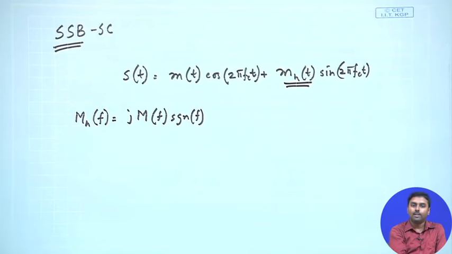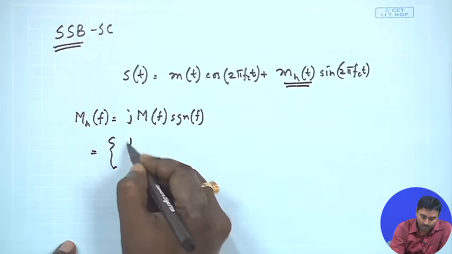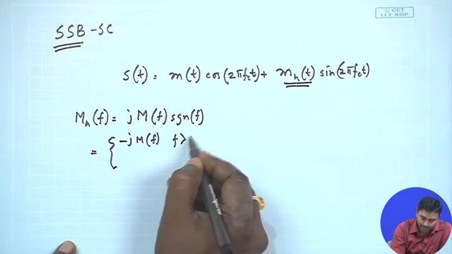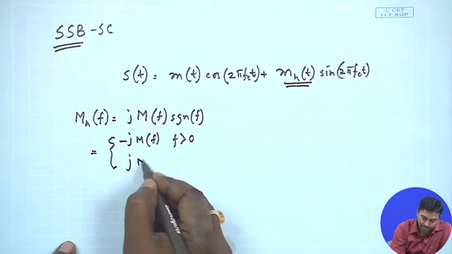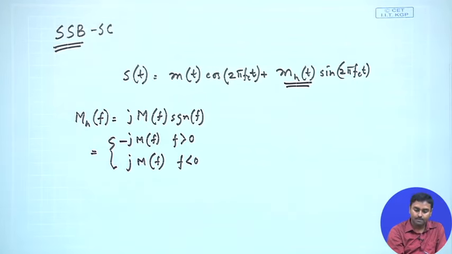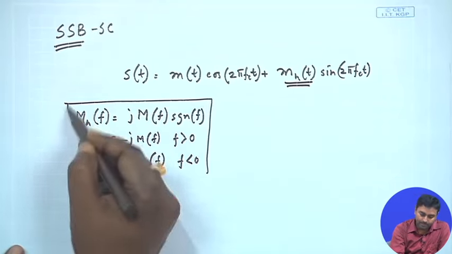This is something we have already defined, which is nothing but plus or minus j M(f) if f is greater than 0, or minus or plus j M(f) if f is less than 0. One of them you can make equal.